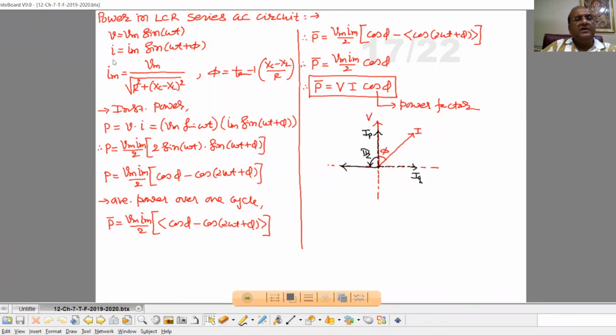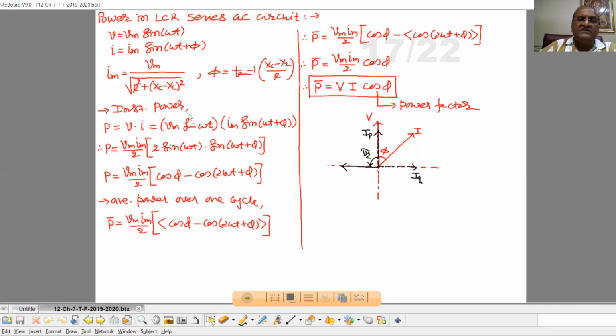Now in this equation of current, this Im, that is Vm upon under root R square plus (Xc minus XL) square, and this phase difference phi that we can calculate by the equation tan inverse (Xc minus XL) by R.